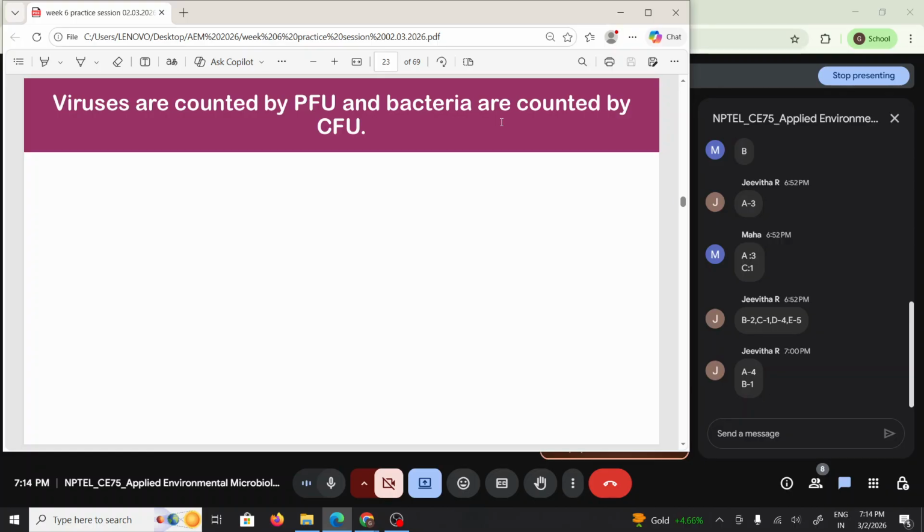Okay, now some questions on virology. Viruses are counted by PFU and bacteria are counted by CFU. You just have to tell if the statement is true or false.